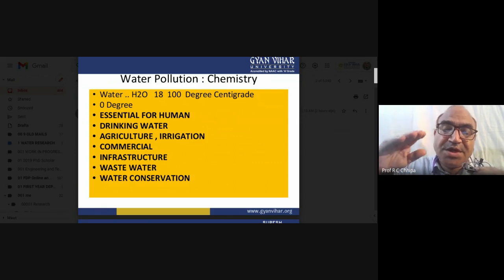In the water cycle, first the water is evaporated, then that water is condensed, and then precipitation occurs. Then rain falls, and that water is further used.